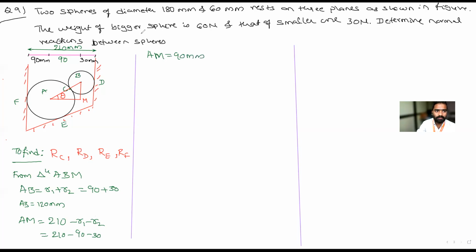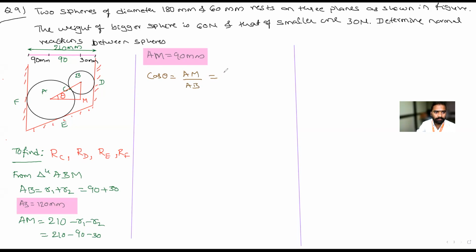So now I got the value of AM and I got the value of AB. We do not need to calculate BM to find theta. Just we will calculate theta directly. So cos theta is equal to AM upon AB.